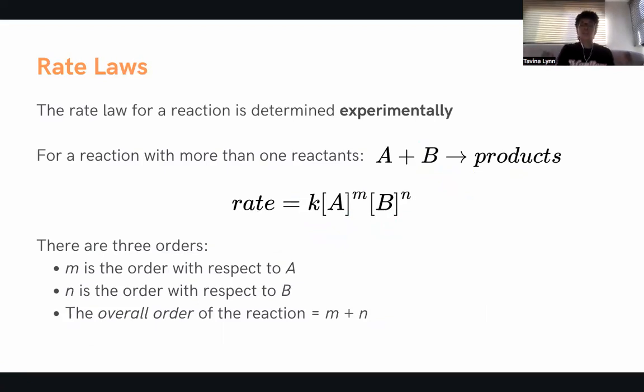So m is our reaction order with respect to reactant A. n is the order with respect to reactant B. The overall order of the reaction is m plus n. It's the sum of all of our orders with respect to each reactant. That gives us the overall order.